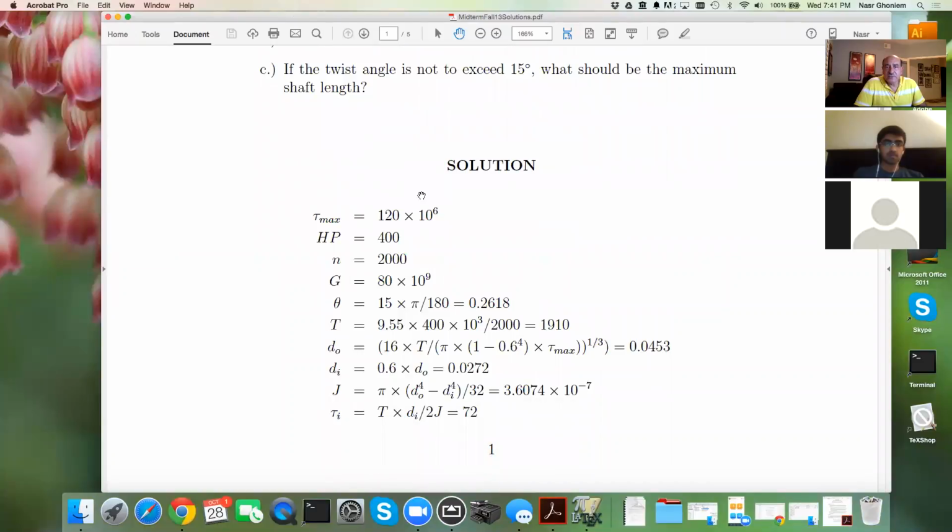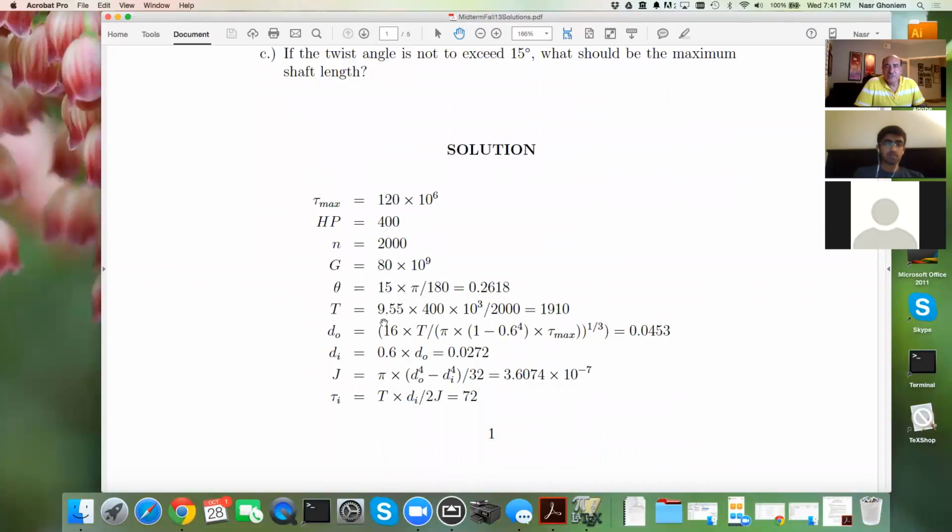First we have to get A, because we have to get the torque, which is 9.55 times the horsepower in watts, so you have to convert it to watts, divided by the RPM. So the torque is 1910 newton meters. Then we have a relationship between the inner and outer diameter, which is 60%. So you have 1 minus 0.6 to the power 4.